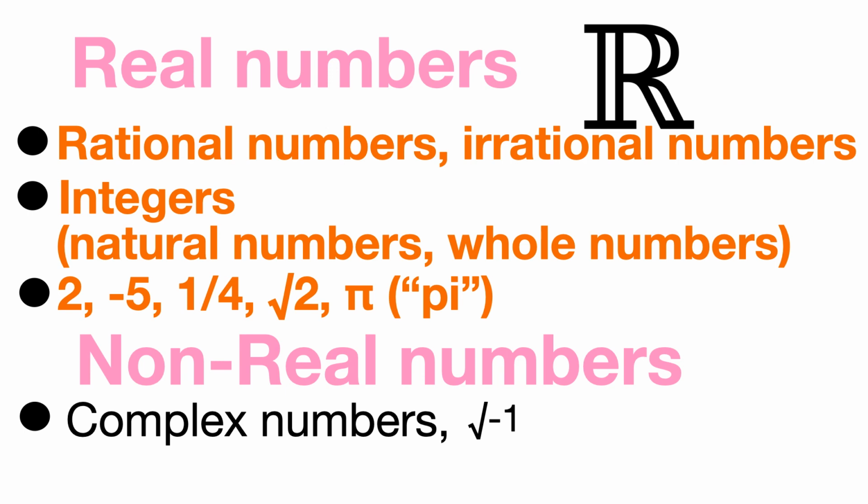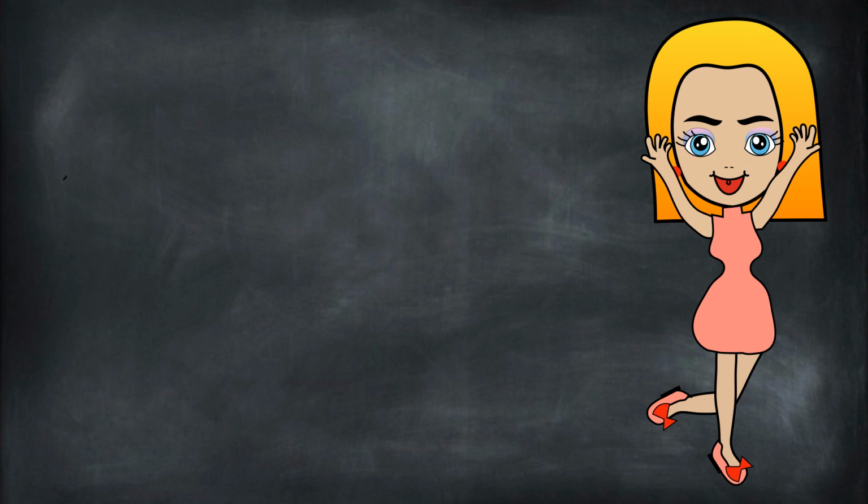Real numbers include the rational numbers, which include the integers, which in turn include the natural numbers. We have learned about real numbers that include integers, rational numbers, and irrational numbers.